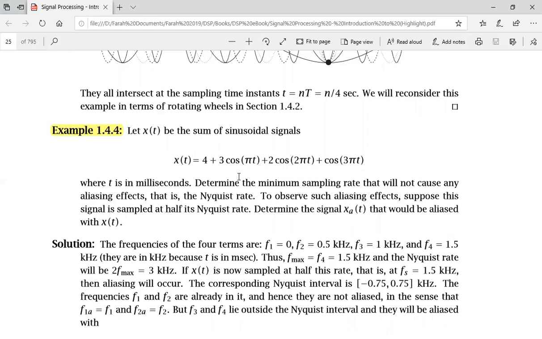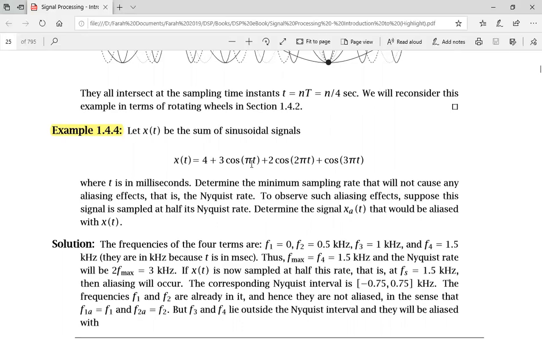In this case, first we have to identify what frequencies are being sampled, because here you are having a complex signal, and this complex signal has all these four frequencies in it. For the first term it would be 0, and for the second term it would be 2 pi f t, but the 2 pi is not written here.